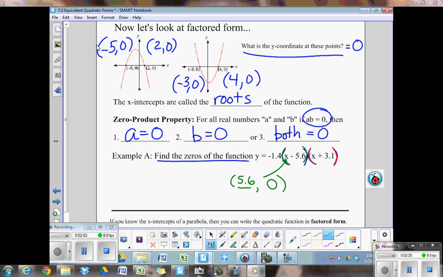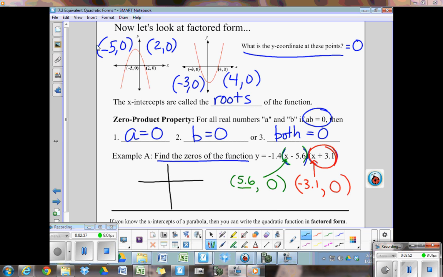The whole goal here is to find the different parts of these parabolas, and the x-intercepts are certainly a very important part of our findings. In red, since we have x + 3.1 equal to 0, -3.1 will be the other x-intercept, because -3.1 + 3.1 would make y equal 0.